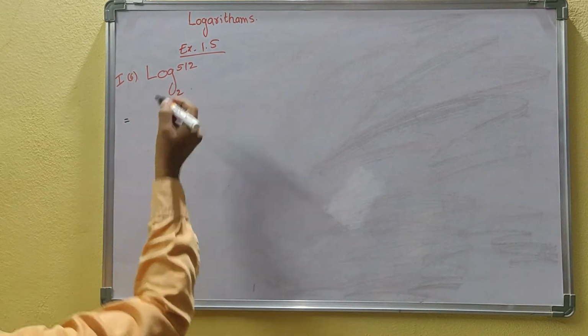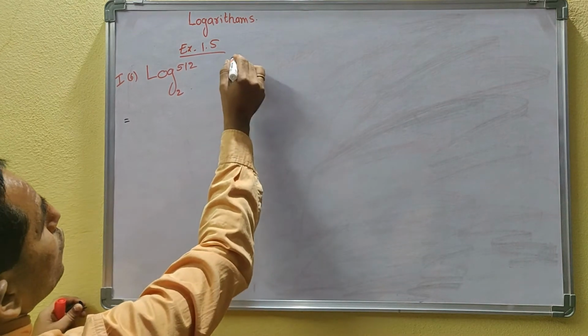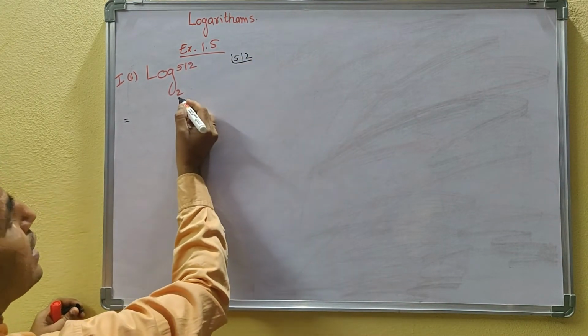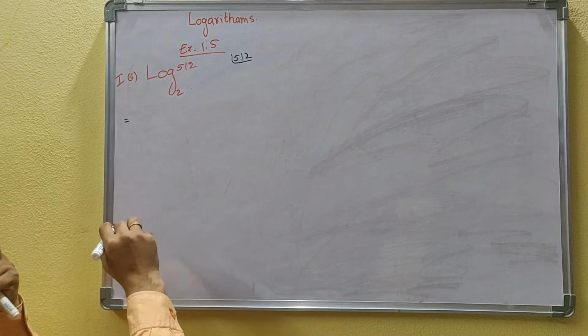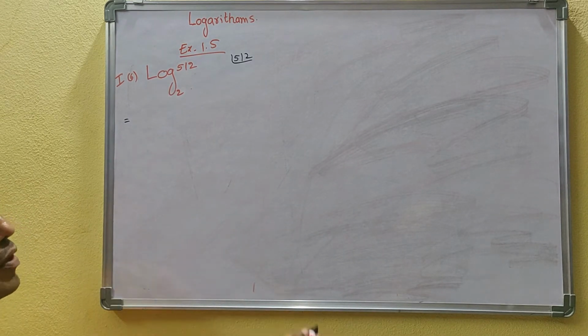Log 512 base 2. Okay. First of all, find the factors of 512. Base 2 is given, so you divide with 2, meaning you write 512 in the form of 2 to the power of something.